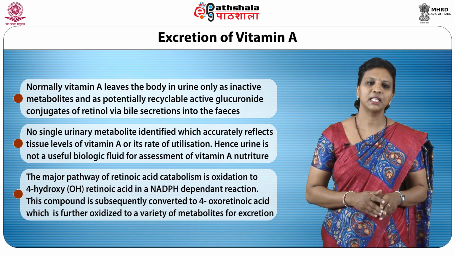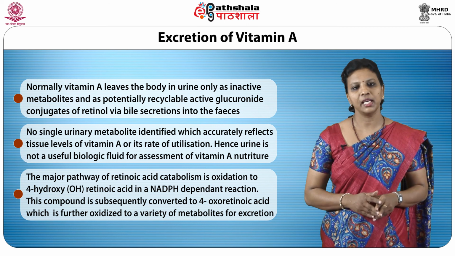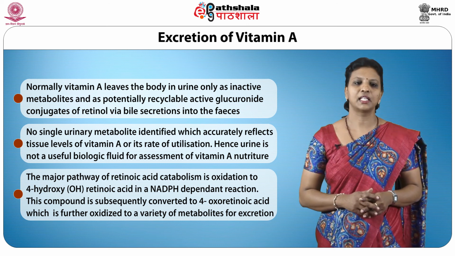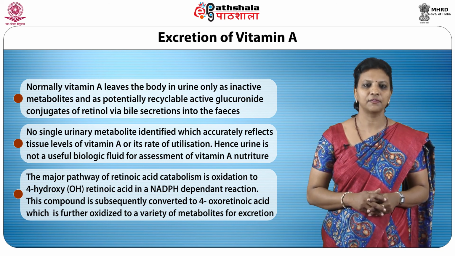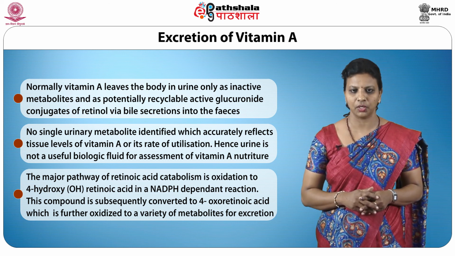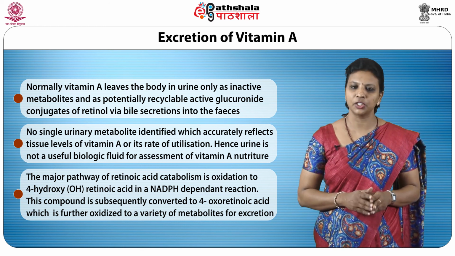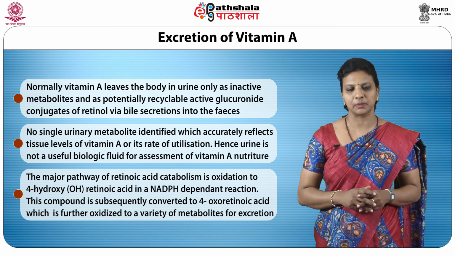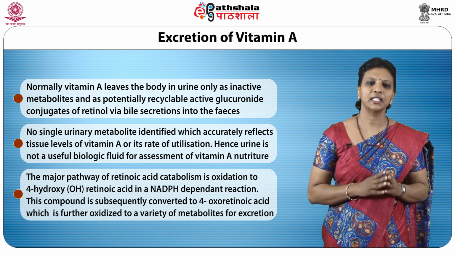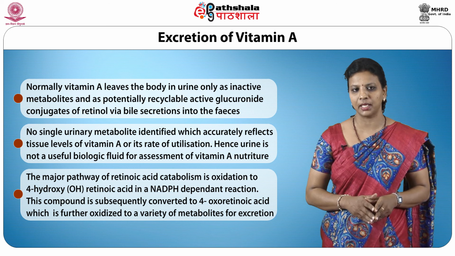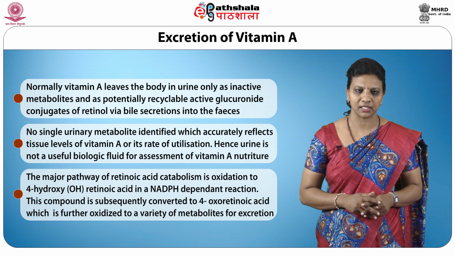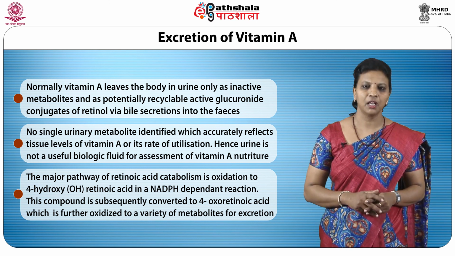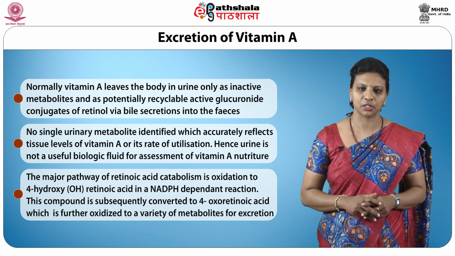Normally, vitamin A leaves the body in urine only as inactive metabolites which result from tissue utilization, and as potentially recyclable active glucuronide conjugates of retinol via bile secretions into the feces. No single urinary metabolite has been identified which accurately reflects tissue levels of vitamin A or its rate of utilization. Hence, urine is not a useful biological fluid for assessment of vitamin A nutriture.